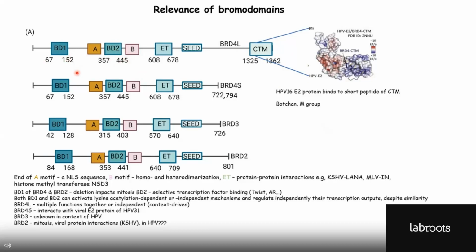BD1 and BD2 are the domains that are involved in co-regulating transcription. Interestingly, the BRD4 short isoform is also known to interact with viral E2 protein of HPV31, which is interesting because it does not have the C-terminal end, but somehow has been identified to interact with HPV31.